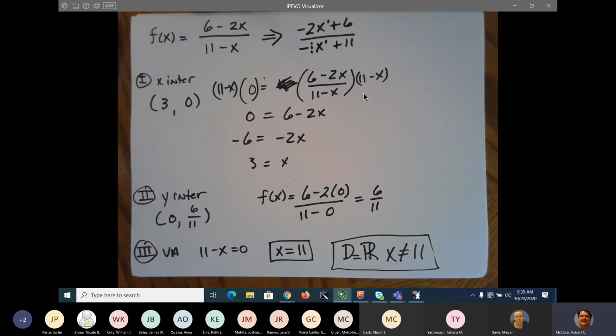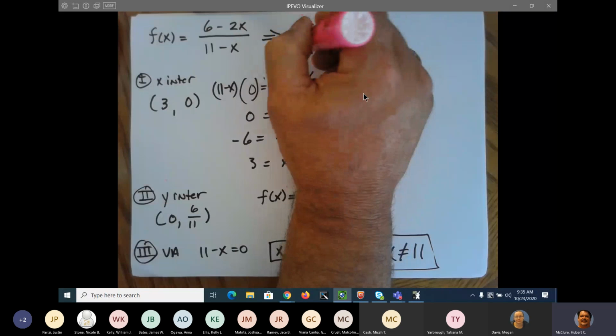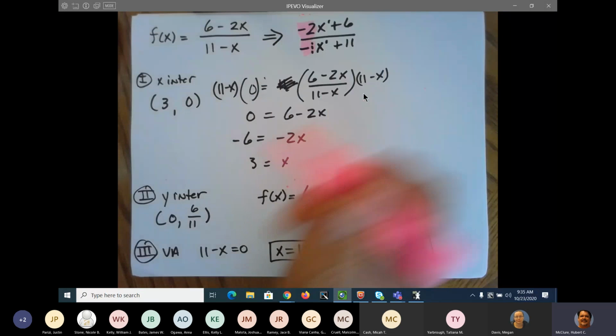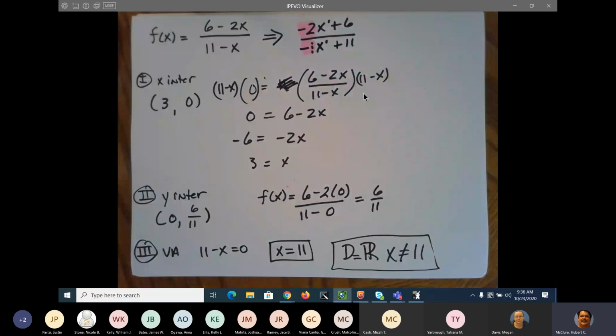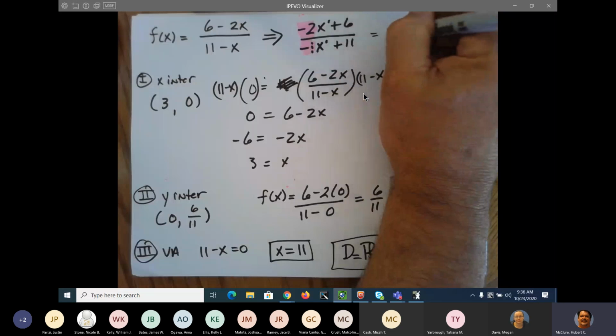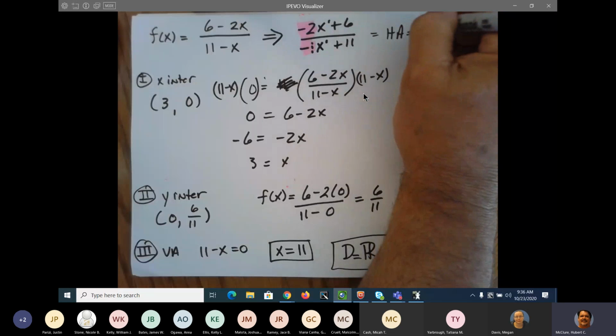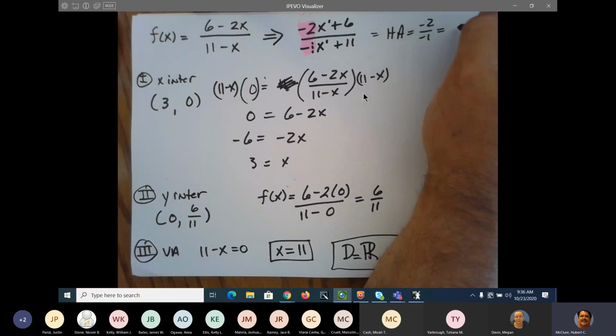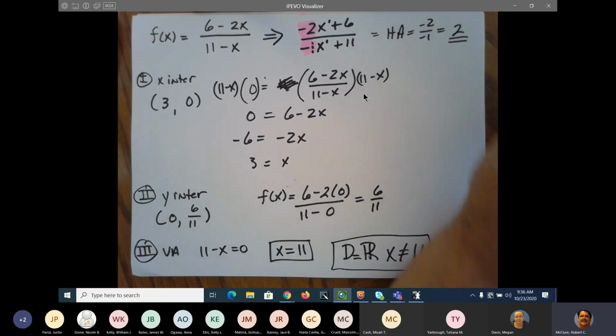Since they're the same, my horizontal asymptote is positive 2. Horizontal asymptote is equal to negative 2 over negative 1, which is equal to positive 2.